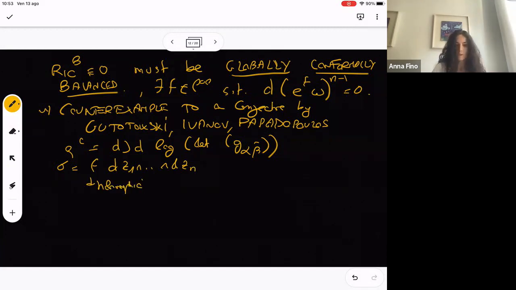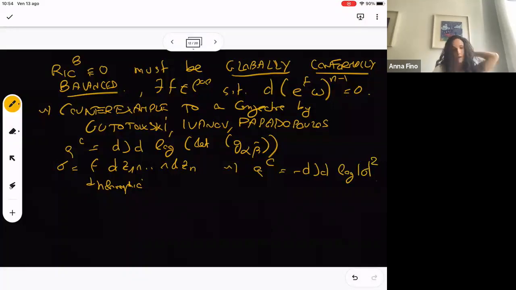And then the nice part was to show that ρ^C is essentially equal to minus d J d of log of the norm of σ squared. One can write down everything like that.